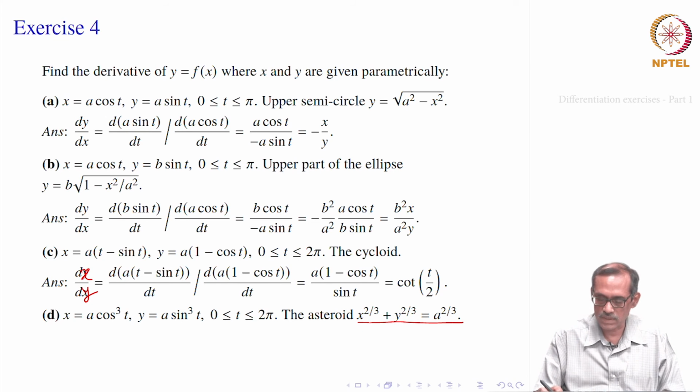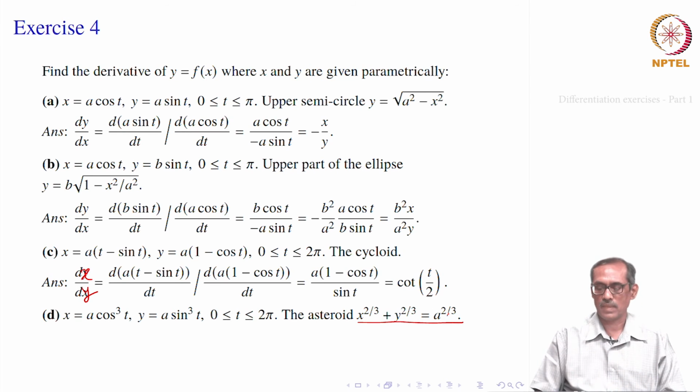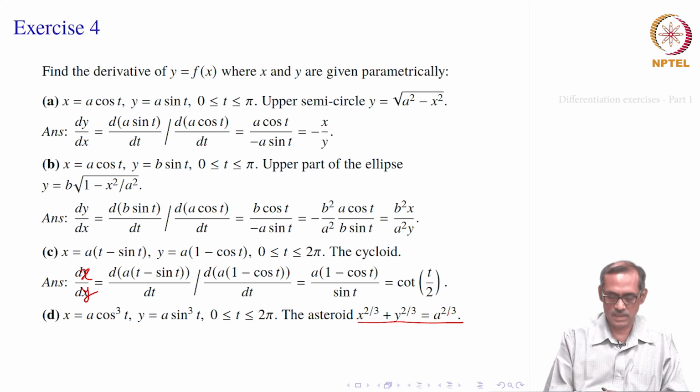To verify, you can just substitute. So, x is a cosine cubed t. So, that to the power 1 by 3 gives a to the power 1 by 3 into cos t. So, it is a to the power 2 by 3 cos square t. Next one will be a to the power 2 by 3 sin square t. So, that would simplify to a to the power 2 by 3. That is how you eliminate t.